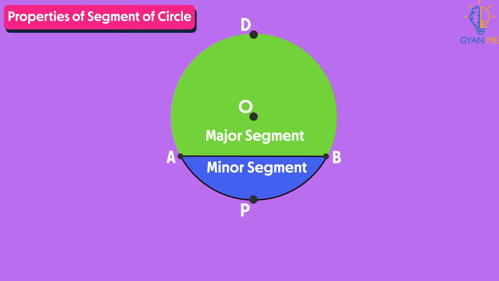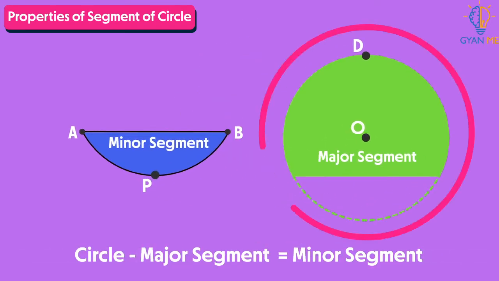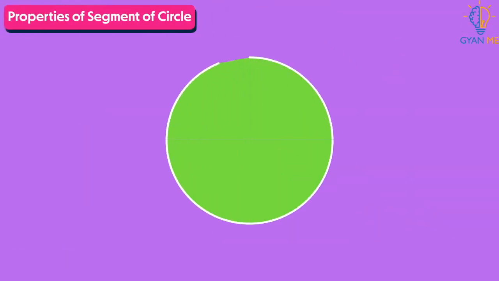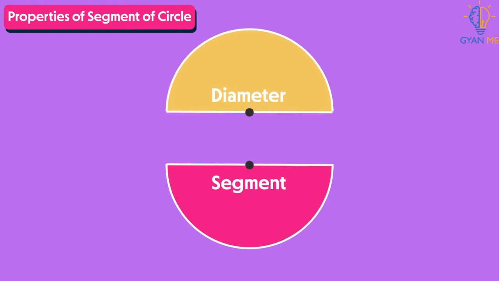A major segment is obtained by removing the corresponding minor segment from the total area of the circle. If the chord forming the segment is diameter, then the segment formed is called as semicircle. Note that in this case, both the segments are equal.